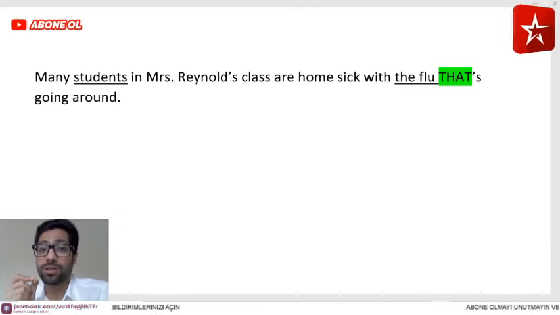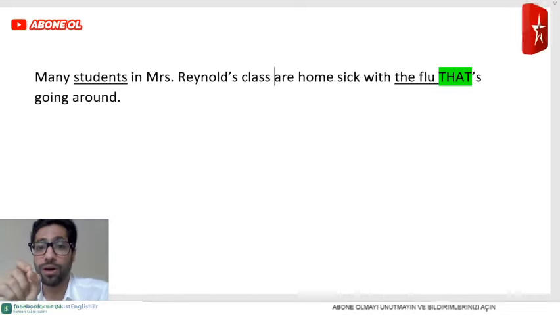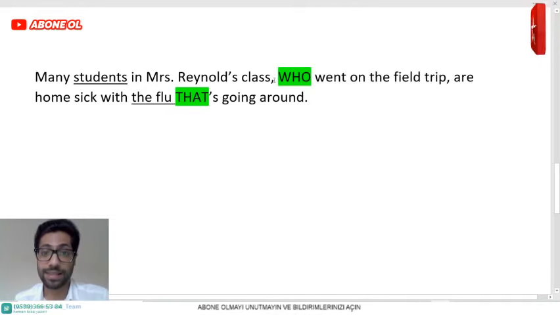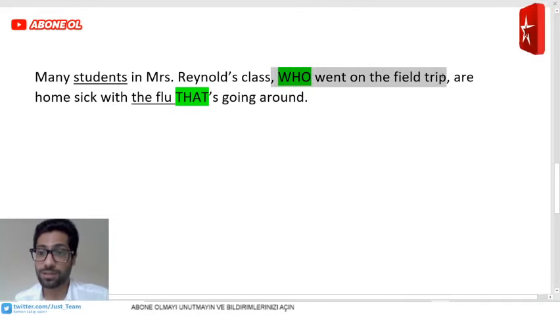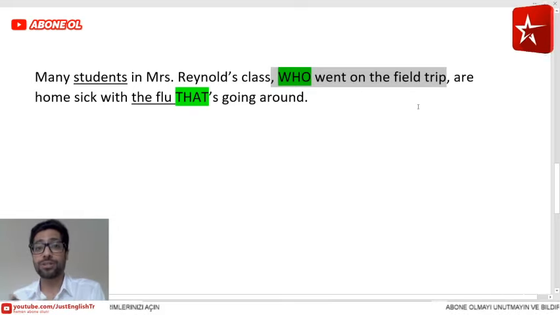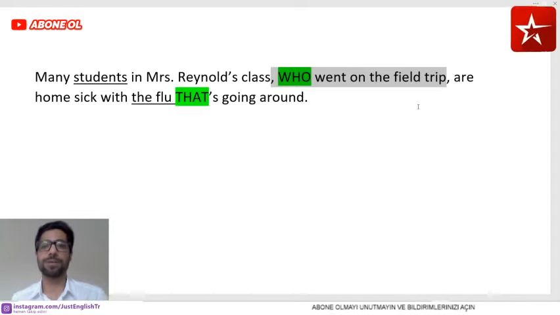But we are talking now to be more specific, and especially here we're talking about a flu and being homesick. So let's go back again. This is a relative clause or an adjective clause sentence adding information. How do I know it's adding information? Because if I delete it, it will give me a perfect sentence.